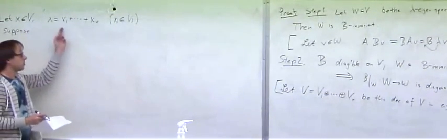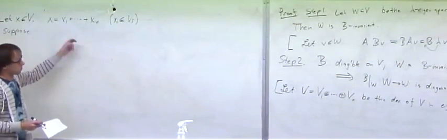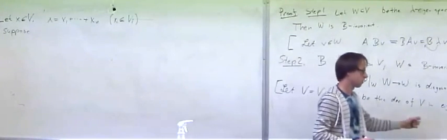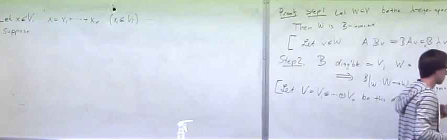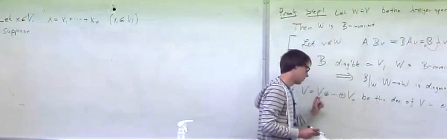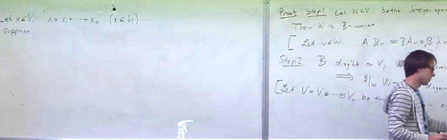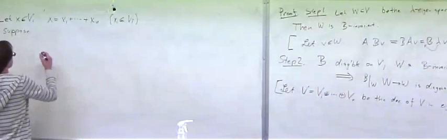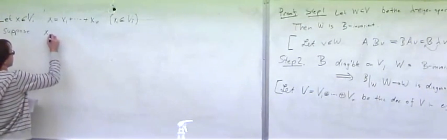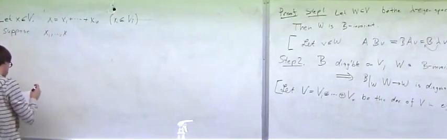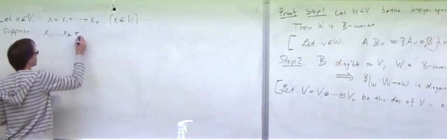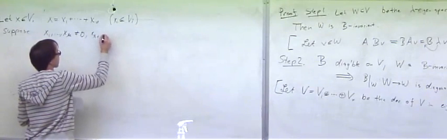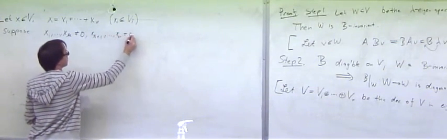Some of these summands will be 0, some non-zero, and as I didn't fix a particular order for the eigenspaces and eigenvalues, I can reorder them, and I just suppose x1 through xk are non-zero, and the remaining ones are 0.